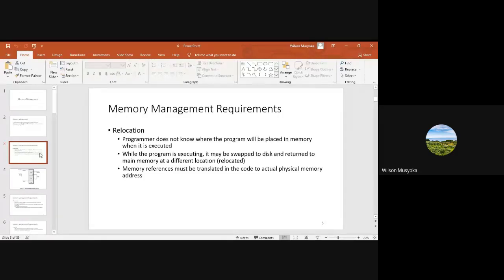Number one is to properly utilize it. And number two is to ensure that the programmer doesn't need to know what is happening in the back end. It is the work of the operating system to be swapping processes in and out of the memory and taking them to whatever disk location they need to be.